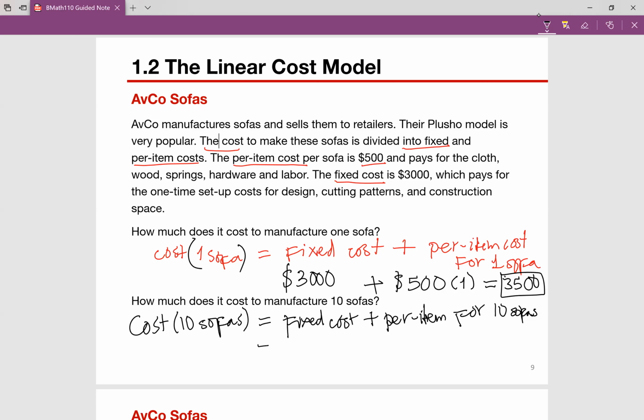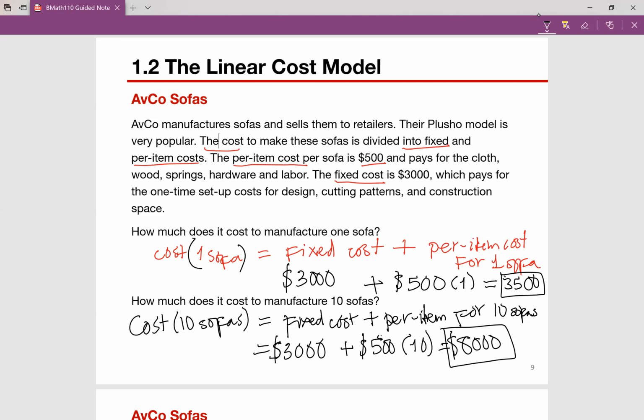So this is going to equal 3,000 plus, now it's 10 sofas, so it's $500 for each one, multiplied by 10. So that means 5,000. And in total you're going to have 5,000 plus 3,000, which is $8,000, which is going to be the answer to this question.